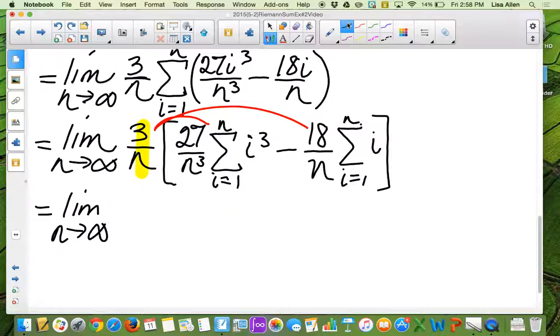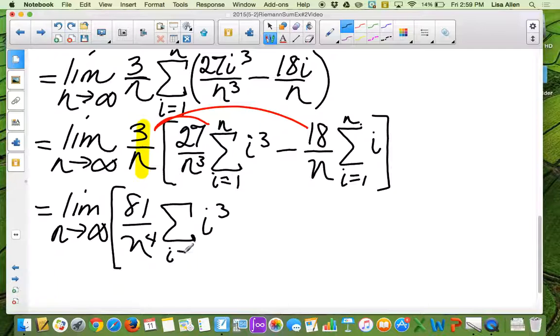We get 3 times 27, so it looks like we get, I'm going to put a parenthesis here, 81 over n to the 4th times the summation of i cubed from i equal to 1 to n, minus, then over here I'm going to distribute the 3 to the 18, giving me 54 over n squared.